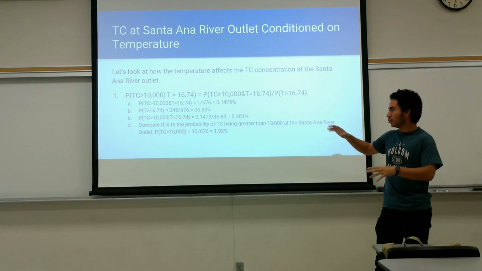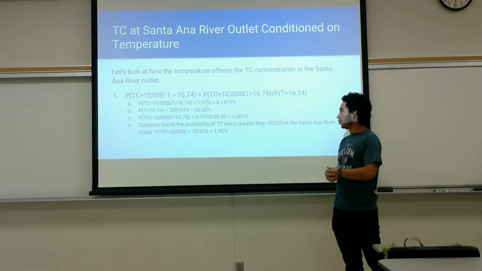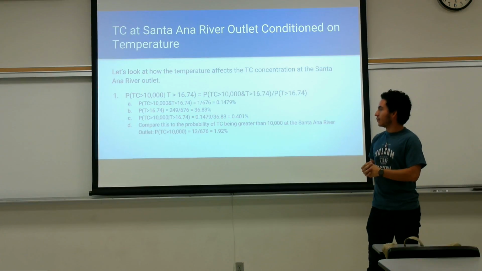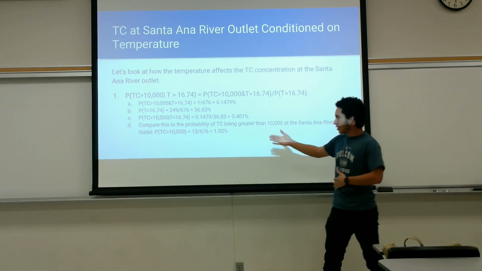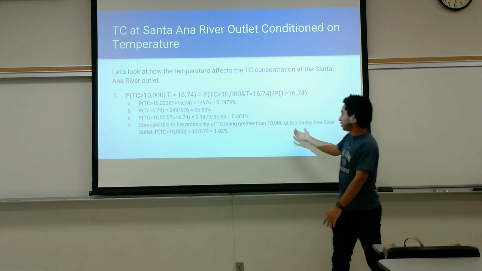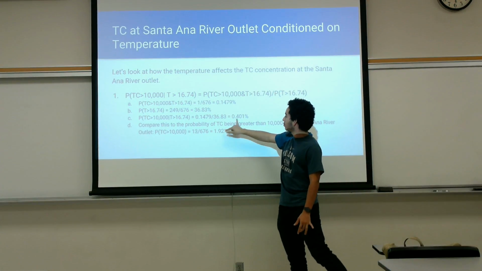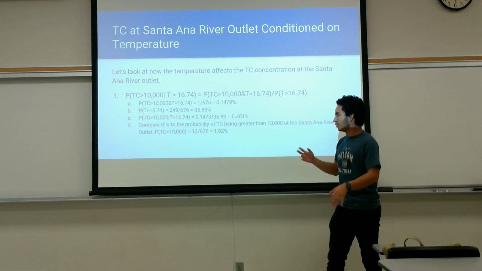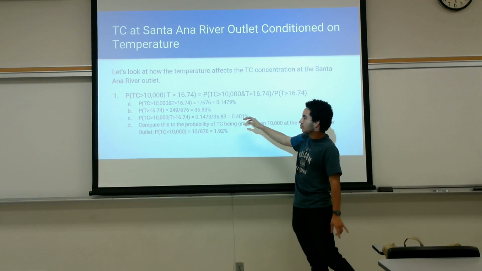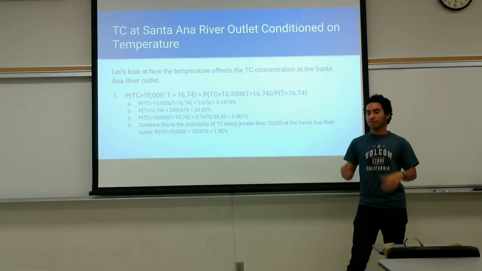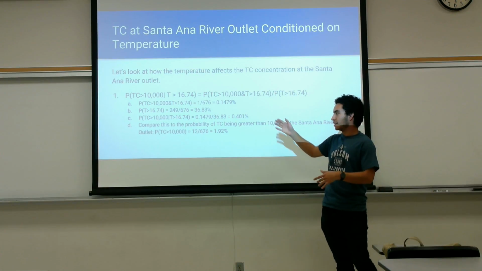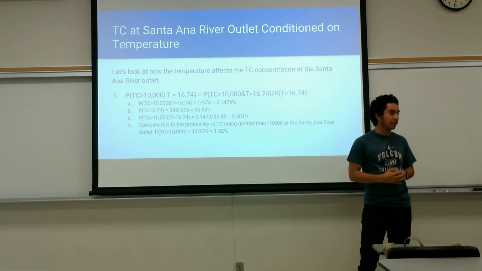So we started out with a middle point-ish of 16.74, and we did some analysis. You can see here that the probability of TC being greater than 10,000 at the Santa Ana River is slightly different, about 1% of difference, conditioned that the temperature is higher than 16.74.